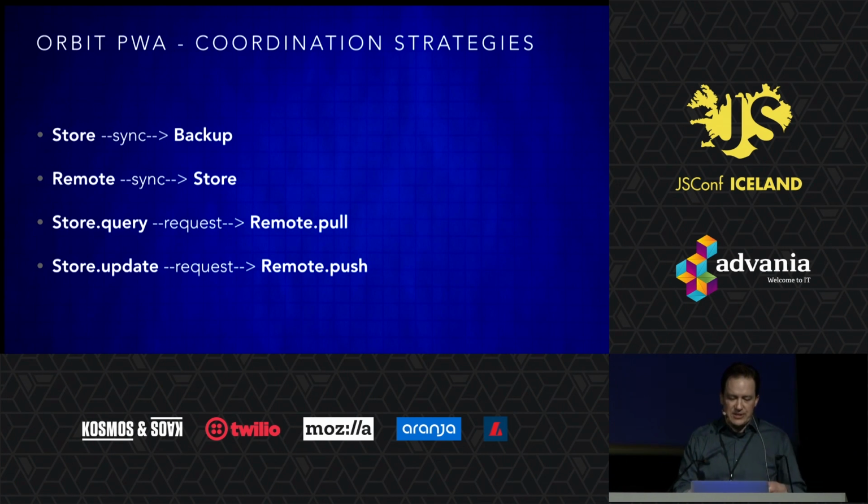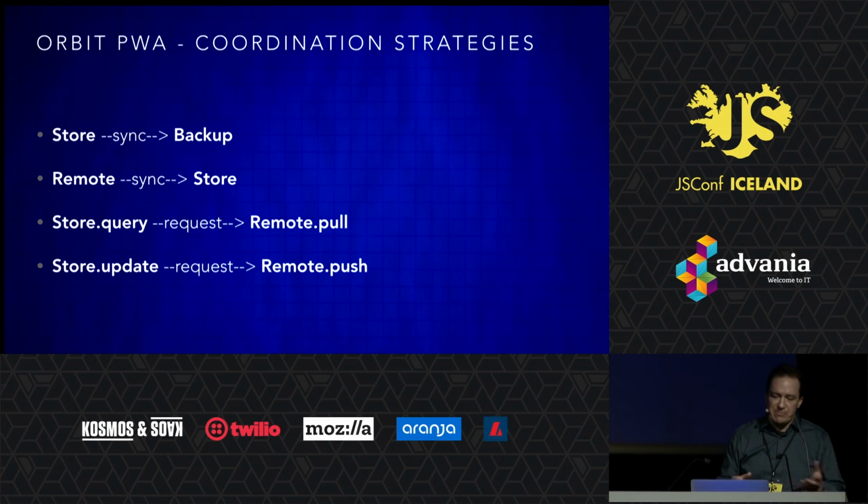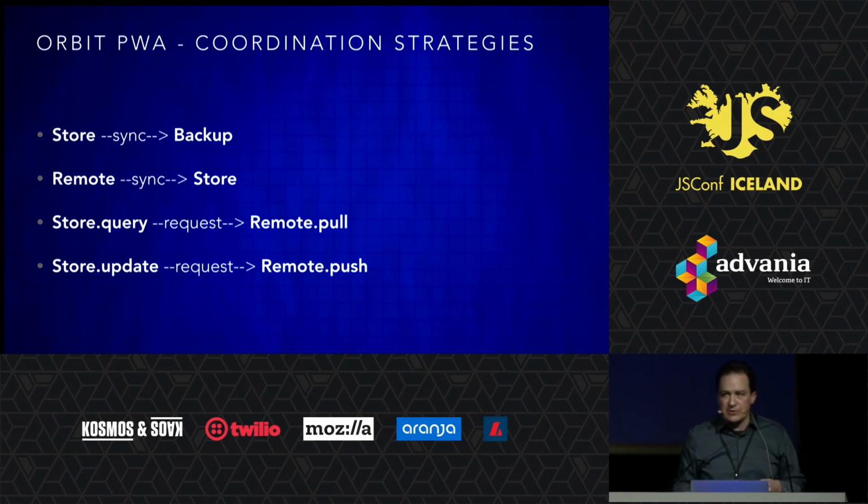And those strategies might be something like this. Every change to the store is synced to backup. Every change that happens that's observed on the remote source syncs to the store. Every time the store is queried, a request is made to the remote source, and same with updates.